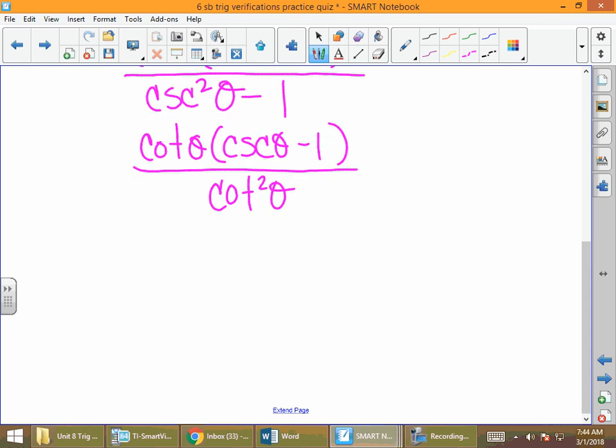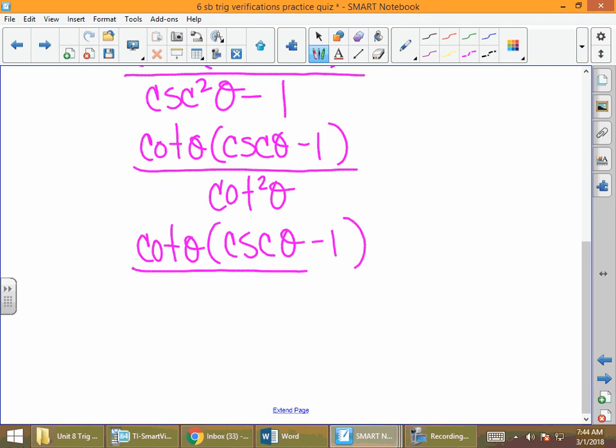Once again, I always like to write out an extra step because for some people fractions seem to be quite difficult. I'm not going to change any value in the numerator here. But cotangent squared, squared means times itself. This is cotangent theta times cotangent theta.